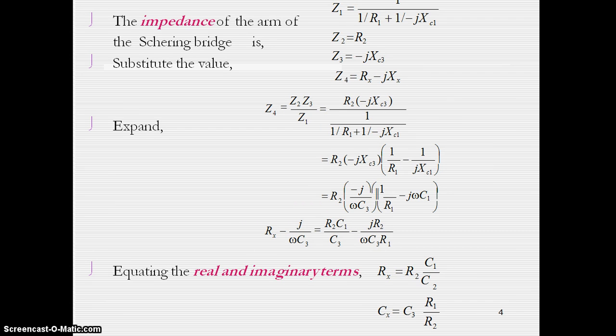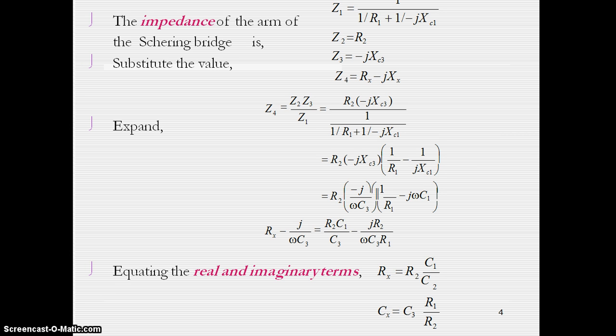The effect of stray capacitance can be nulled by using earth. Sometimes a lossy capacitor can be represented by a pure capacitance connected in parallel with resistance, as shown in the figure.